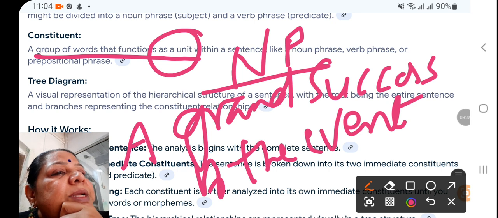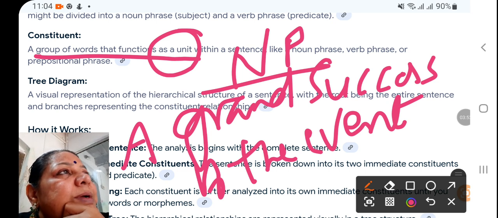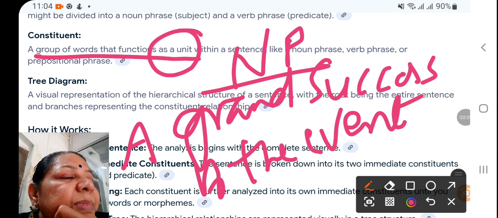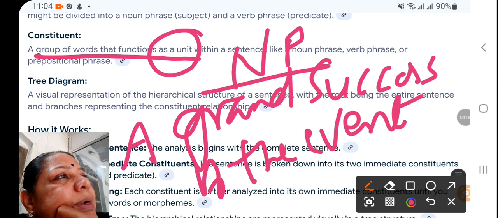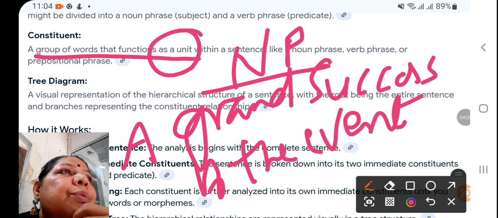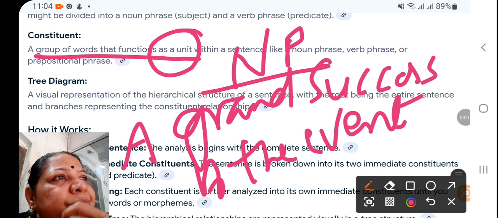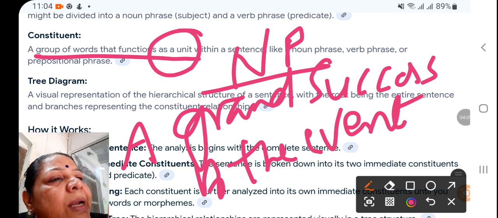A grand success of the event is possible when you do hard work. For example, a grand success of the event is possible when we do hard work. Suppose this is the sentence.